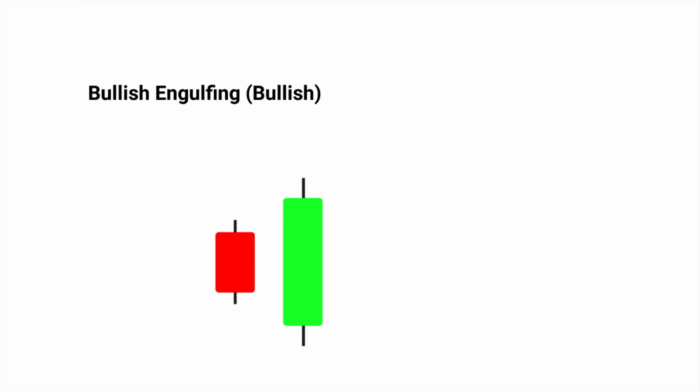Sometimes some people will use it as in the whole candle, including the wicks and the tail. So even if the body's not engulfing it, they will still classify that as a bullish engulfing. But for me personally, I think it's safer to take it as a bullish engulfing where the whole body basically engulfs the body of the previous candle.